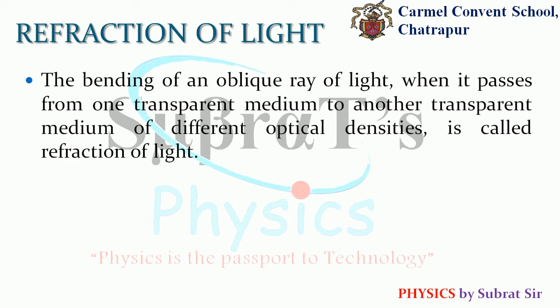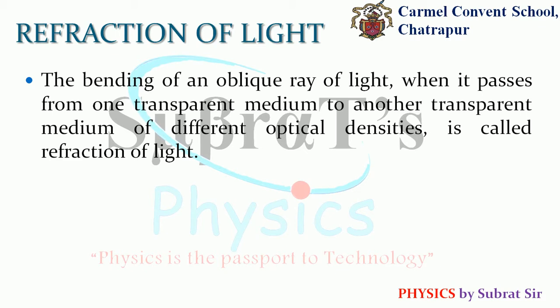We know that in two different media the speed of light is different. So when a ray of light is passing from air to the glass medium, then it will bend. How it will bend, we will see after this slide.